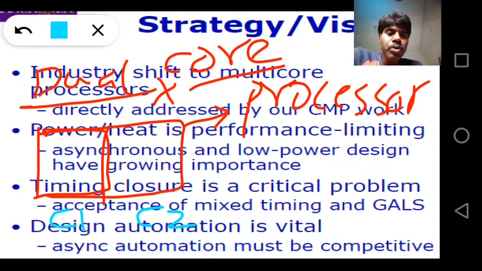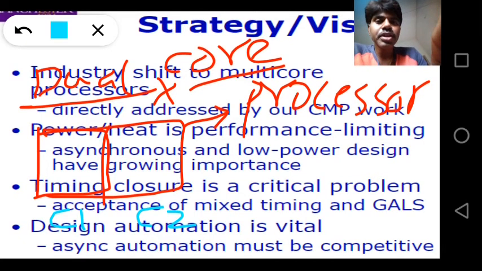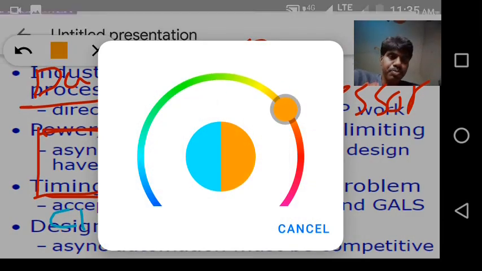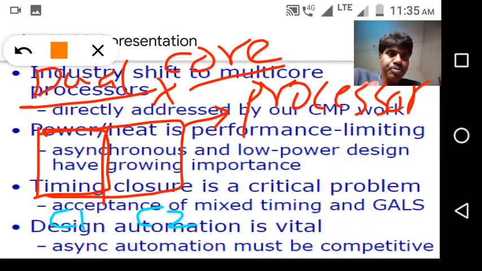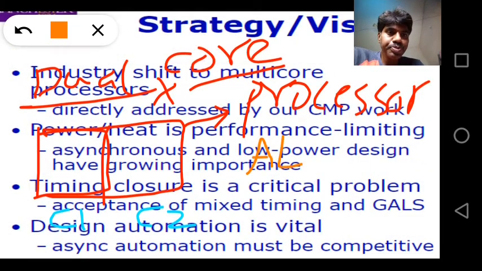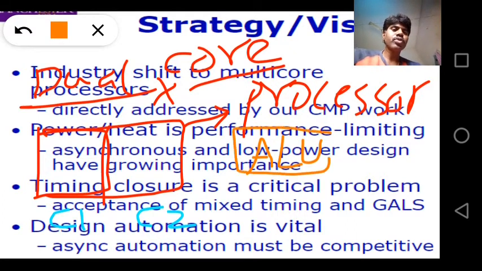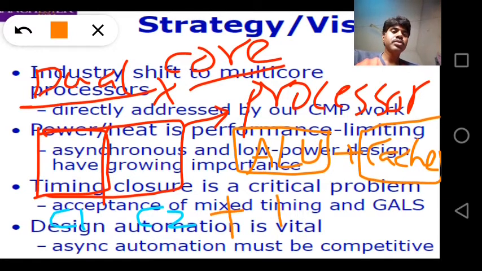So in the dual core processor, what are the elements it contains? It contains ALU. Each core contains one ALU plus one cache plus certain registers.